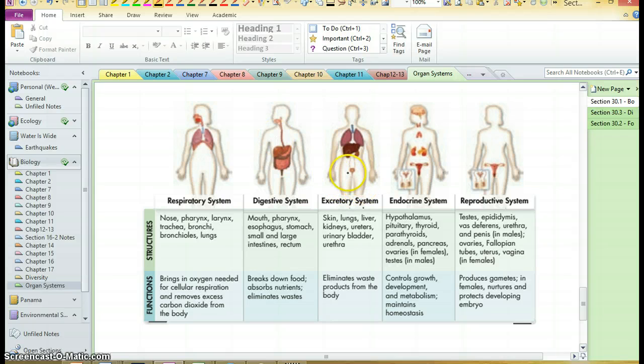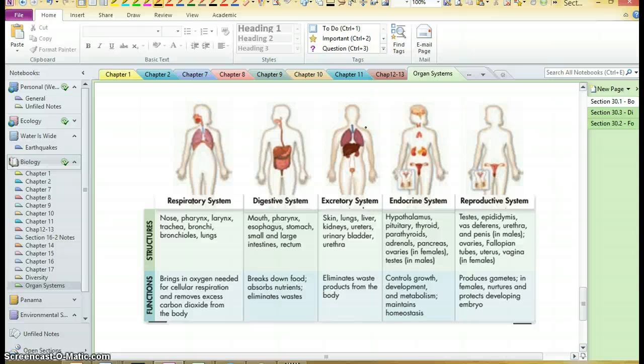Excretory system, not so much, but this is the system that gets rid of wastes from your body. So you can see the kidneys that clean out the blood, and your bladder where you store urine and then excrete it from your body. Now you'll notice the lungs are here. You may not think of them as part of the excretory system, but essentially you use the lungs to not only bring fresh air in, but to get rid of that waste air, that CO2 that you don't need anymore.